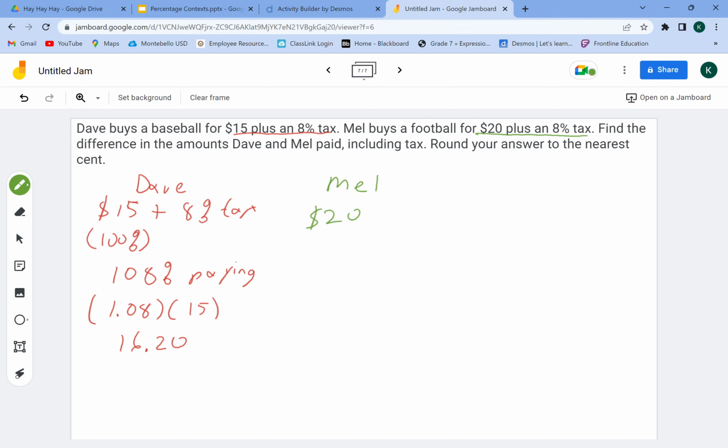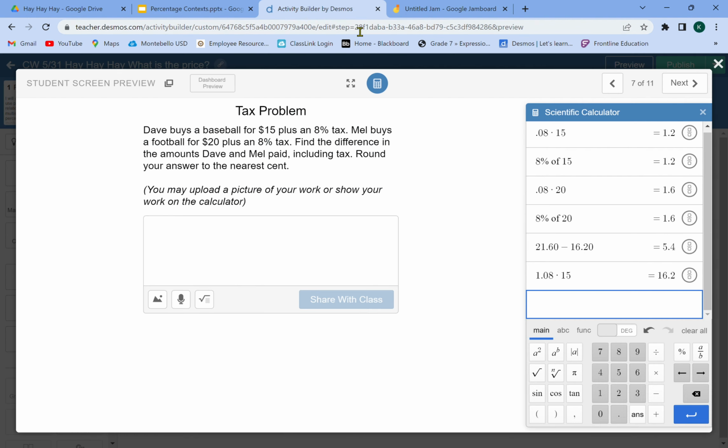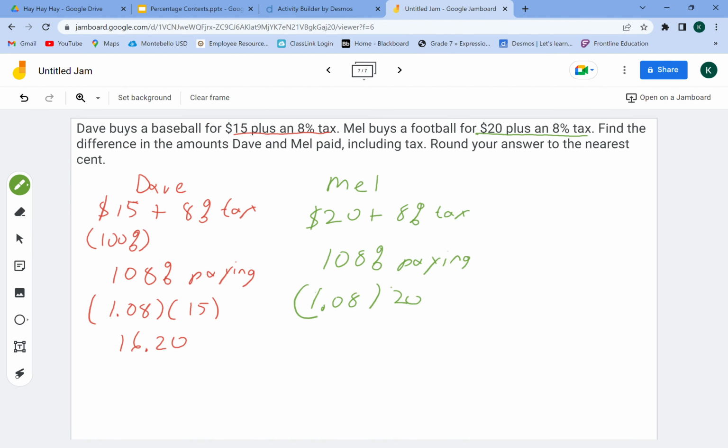Technically, we're paying 108%, so you have 1.08 times, not 15 this time, my bad, times 20. If we do that in a calculator fairly quickly, 1.08 multiplied by 20, notice that we get $21.60 really fast.